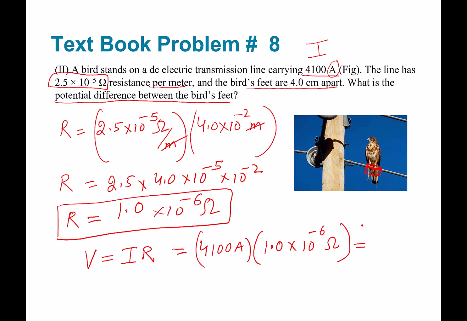The unit should be volts. So it gives you a voltage of 4.1 × 10^-3 volts, which is not a big voltage if you look at it. It's 4.1 millivolts, and hence the bird is probably alive because of the low voltage.